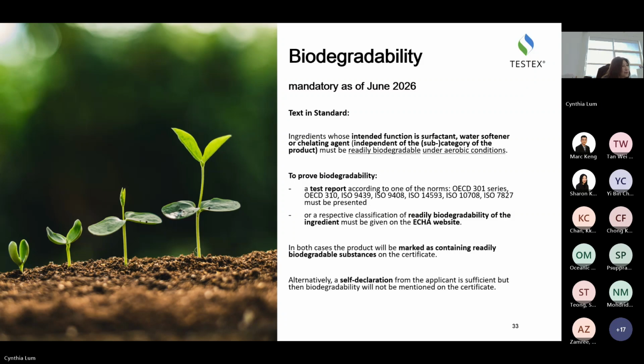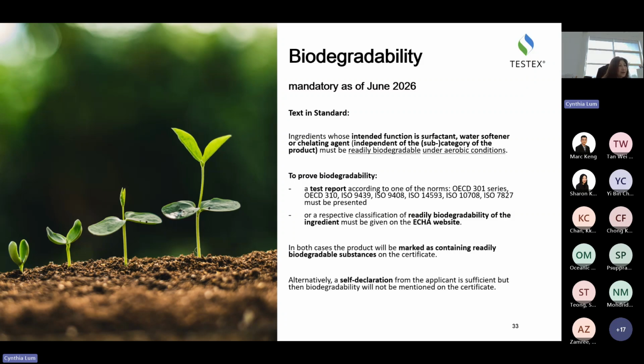And biodegradability. So what is biodegradability? The ingredients whose intended function is surfactant, water softener, or gelatin agent, independent of the lab subcategory of the product, must be readily biodegradable under aerobic conditions.